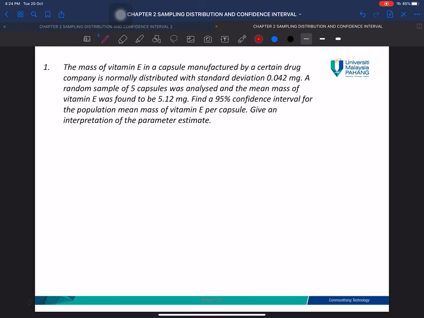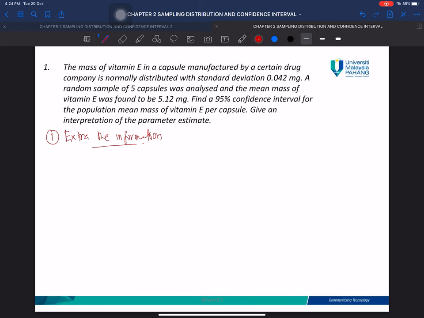First, what we do is extract the information. Before you do anything on the solution, the first thing that we need to do is extract the significant information that will help us when we do the calculation.